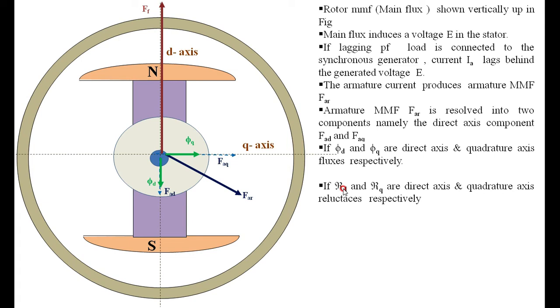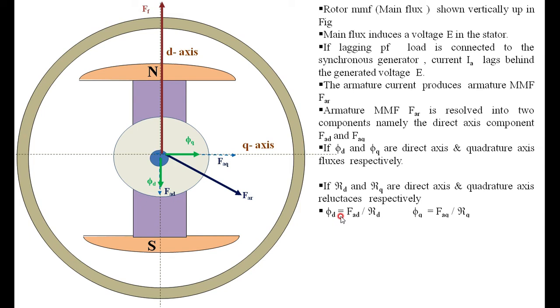That will come back. Unlike in the electrical circuit, in the magnetic circuit there is a reluctance. There is a reluctance along the d axis and a reluctance along the q axis for the magnetic field, just like it is equivalent to resistance in the electrical circuit. If you make an analogy between the electrical circuit and the magnetic circuit, Rd and Rq are the direct axis and quadrature axis reluctances. Then we know that MMF is like EMF.